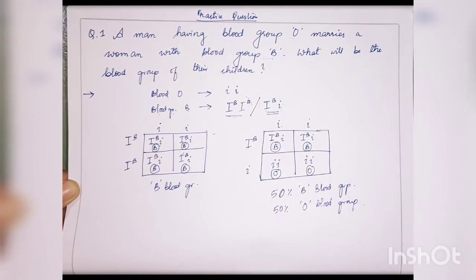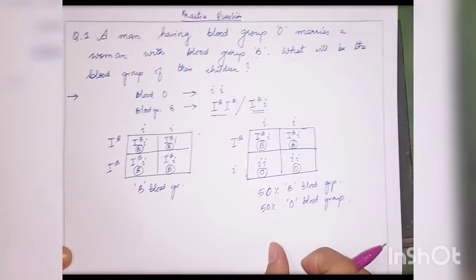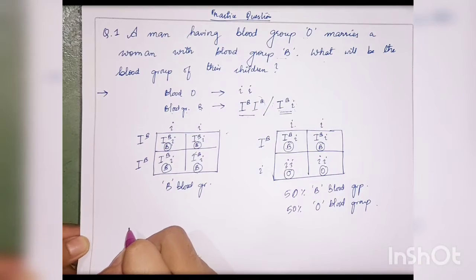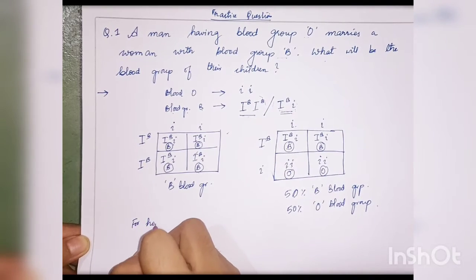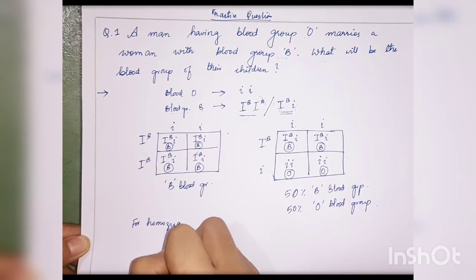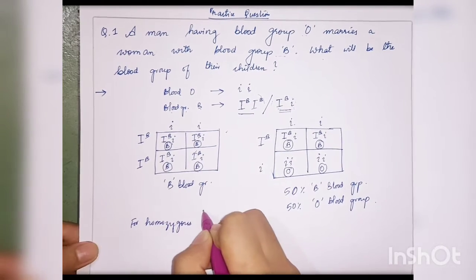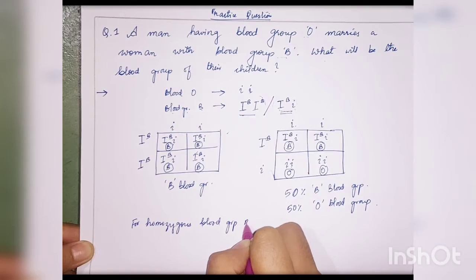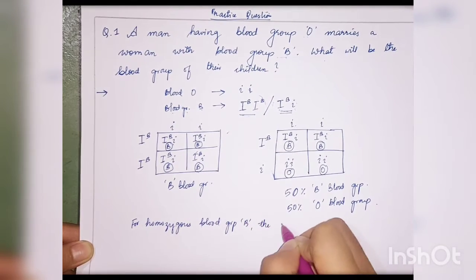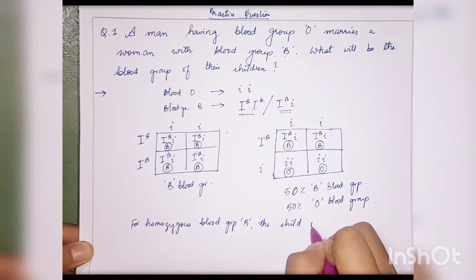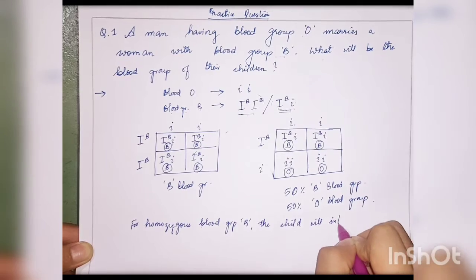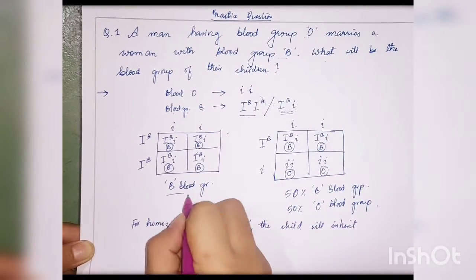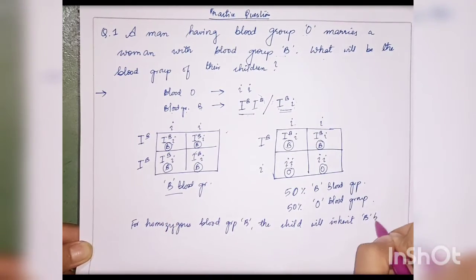So finally, how are you going to write it? For homozygous blood group B, the child will inherit B blood group.